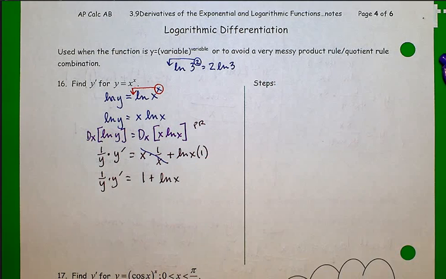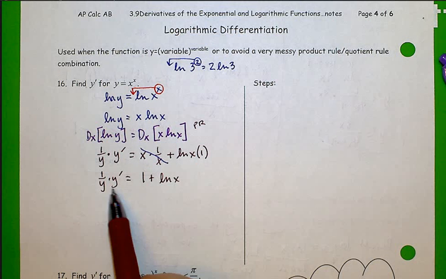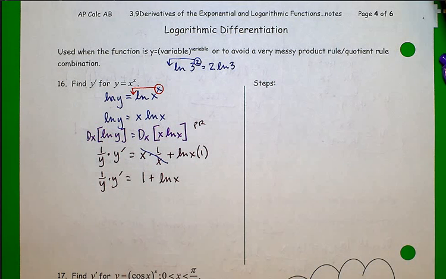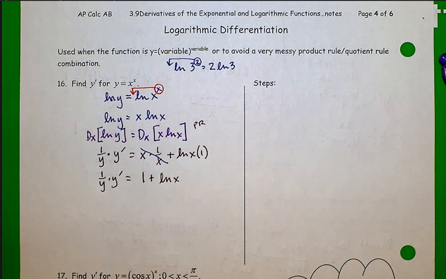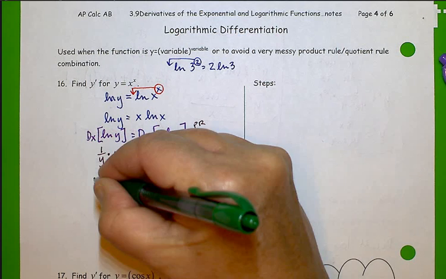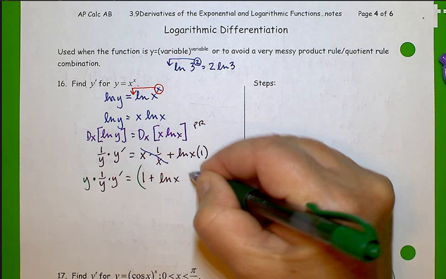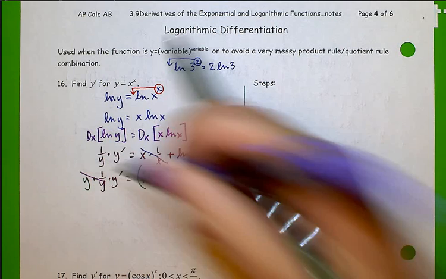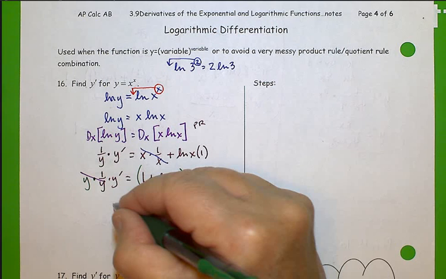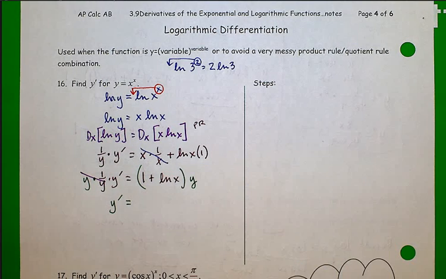Now I need to solve for y prime. I need y prime by itself. Right now I have on the left-hand side basically a divided by y. So I'm going to multiply both sides by y. And when I do that, on the left I simply have y prime, and on the right I have y times 1 plus natural log of x.